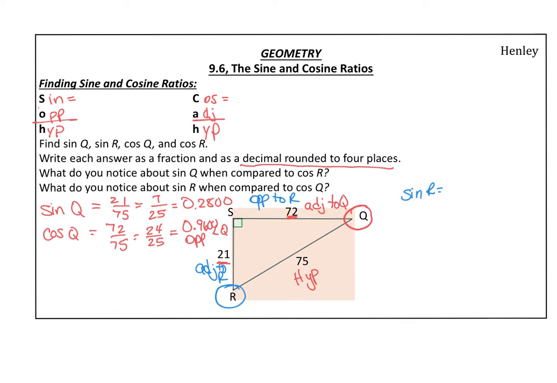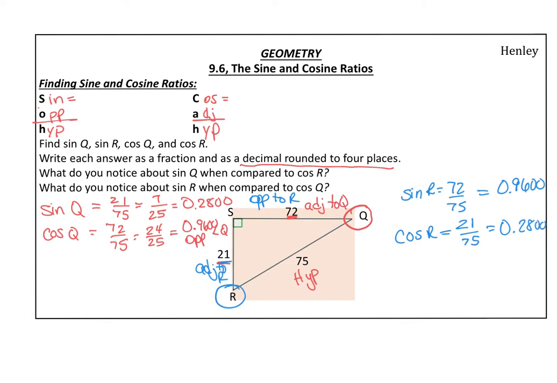Opposite is 72 over 75. We divide that, and we're going to get 0.9600. Our cosine of R is adjacent over hypotenuse. Adjacent is 21 over 75, and that's going to be 0.2800.